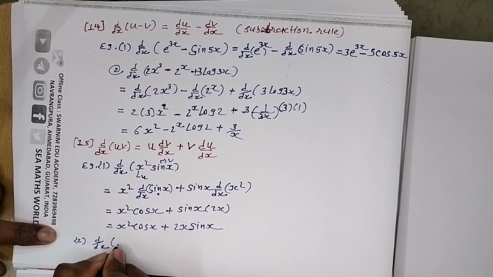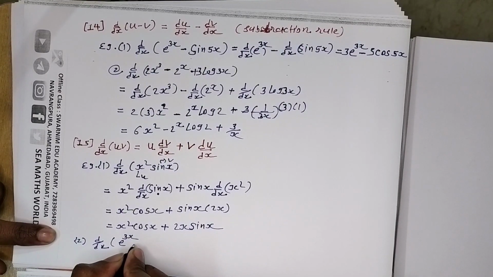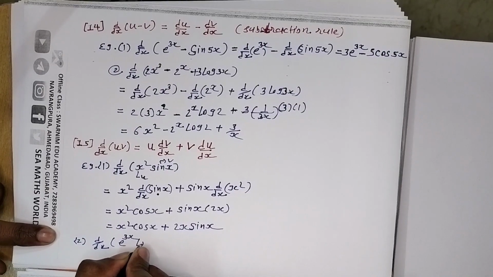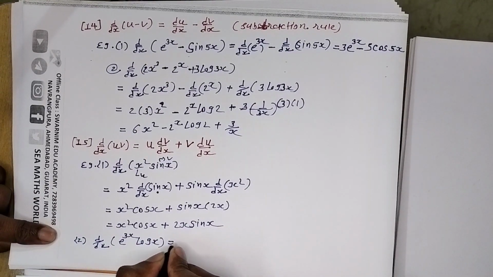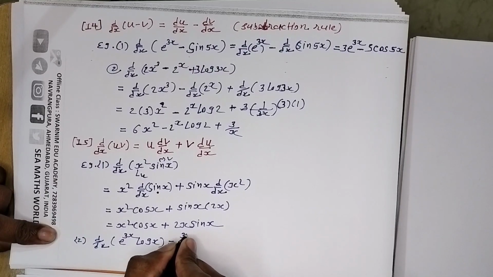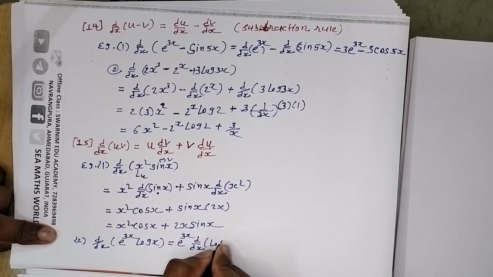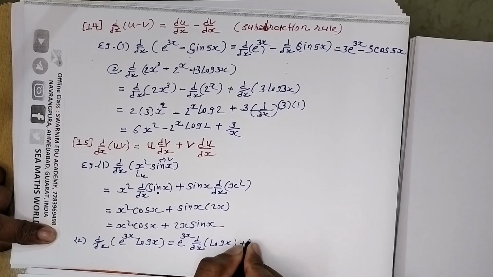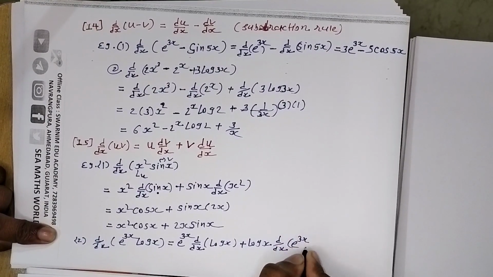Differentiation of e raised to 3x into log x. Here we are keeping e raised to 3x as it is and differentiating log x. Now log x as it is and differentiation of e raised to 3x.